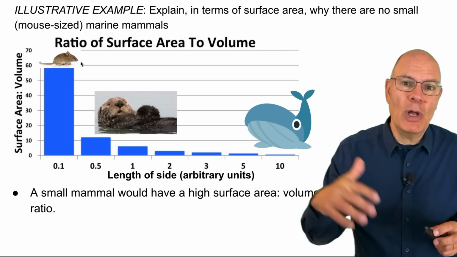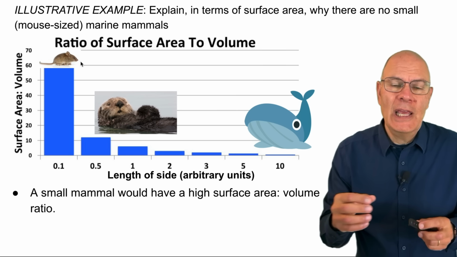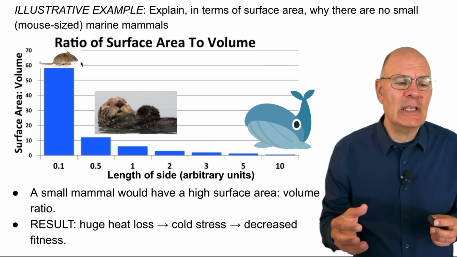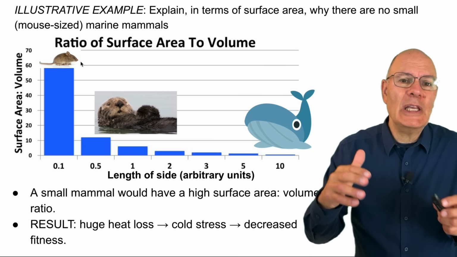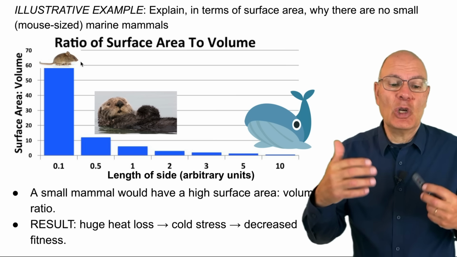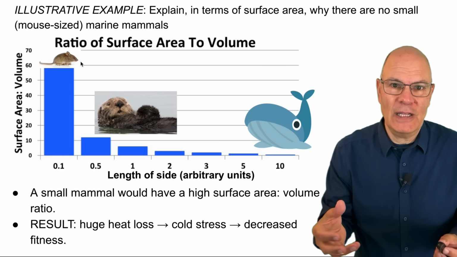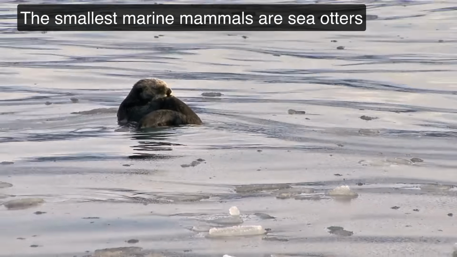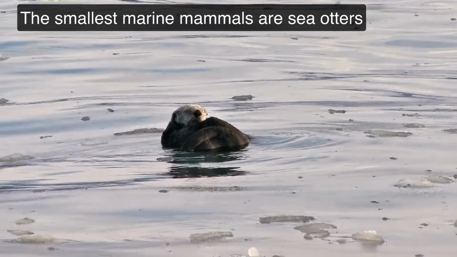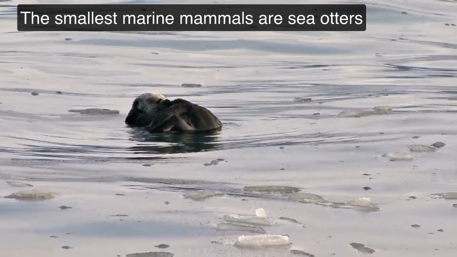And that means that once immersed in ocean water, it would diffuse a lot of heat into the environment. The result would be huge heat loss, and that would lead to cold stress, and that would lead to decreased fitness.